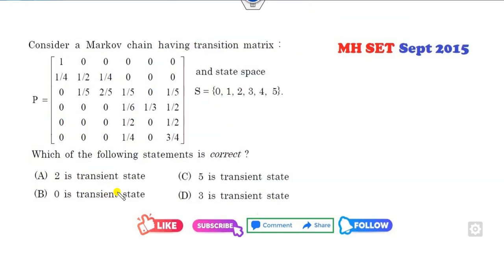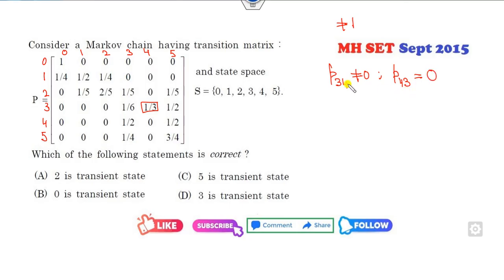Okay, now you can see that it's a transient state. Firstly, look at that. States are 0, 1, 2, 3, 4, 5. Look at the column. This has only one element. This number is P3,4. 3,4 is non-zero and non-1. What is the opposite of this?